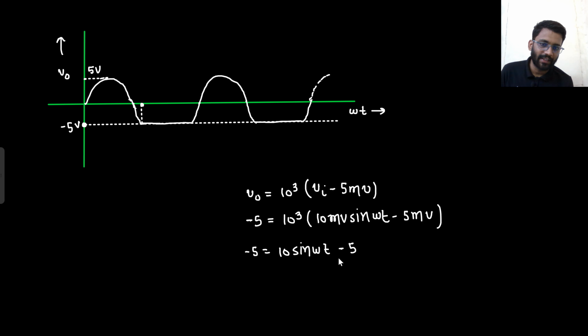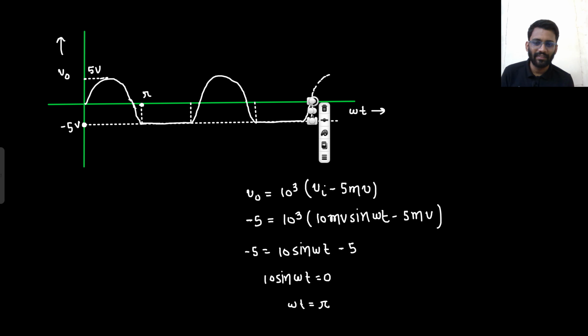So 10 sin omega t is equal to 0. So at this point omega t value is pi. So here the point value is pi. Similarly, you can find these points as well. We need to find these points as well.